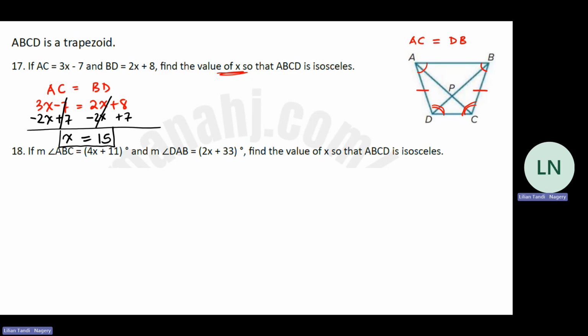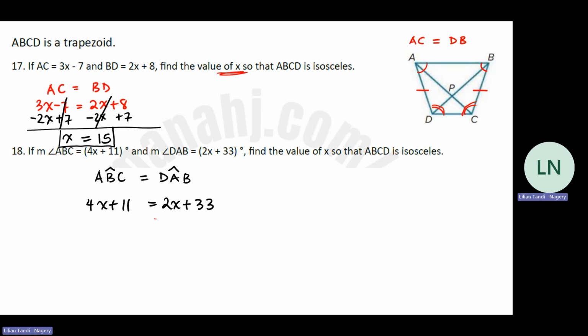Okay. Now let us see what we know about ABC. A, B, C. So this angle here. And DAB. This angle here. So those two angles must be congruent. So angle ABC is equal to angle DAB. So 4x plus 11 is equal to 2x plus 33.